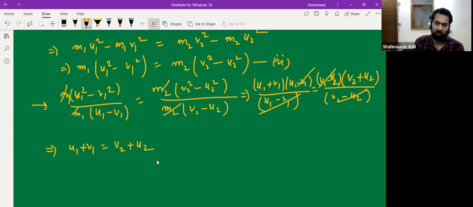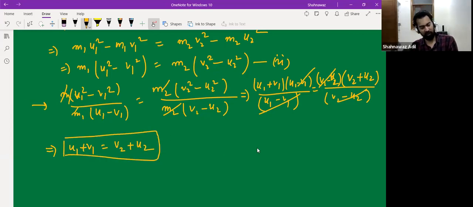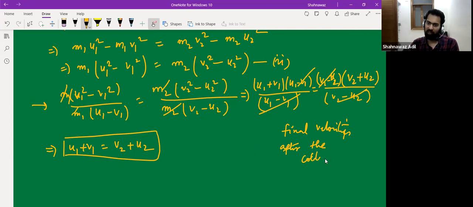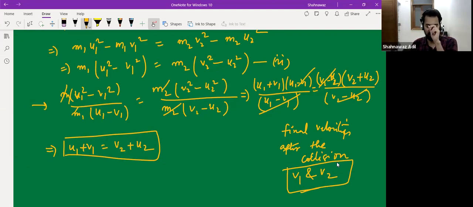Right. So in the collision part, what they usually ask is the final velocities after the collision. So whatever we are doing, we have to find v1 and v2. In all those questions, they will ask only about these two, v1 and v2.